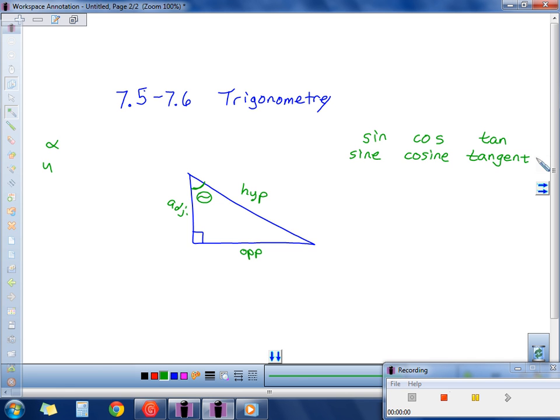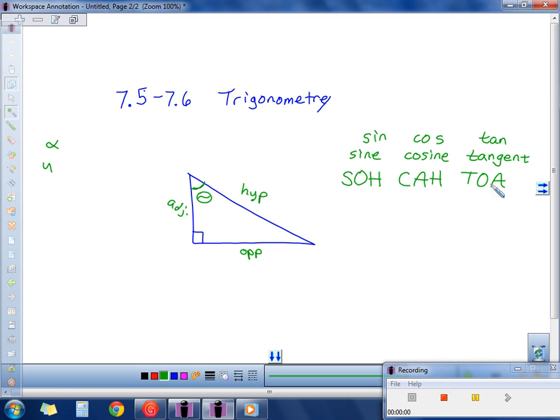Along with that, we have an acronym that's pretty famous for trig ratios. You might have heard of this before, and it's pronounced phonetically: SOHCAHTOA. It's pronounced phonetically, so you can say SOHCAHTOA. And this helps you remember the three trig ratios.